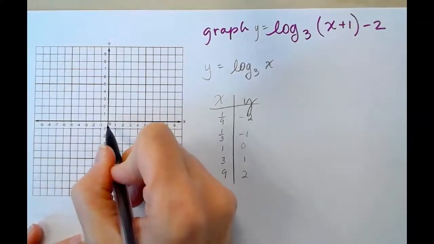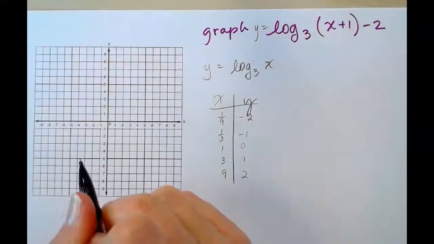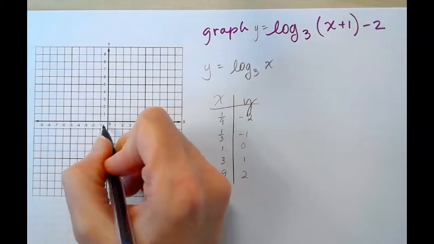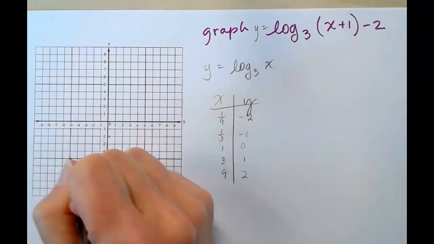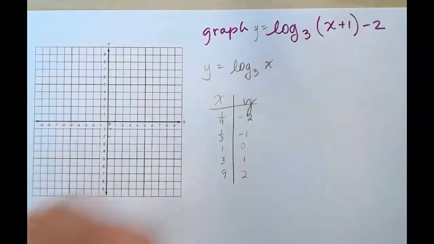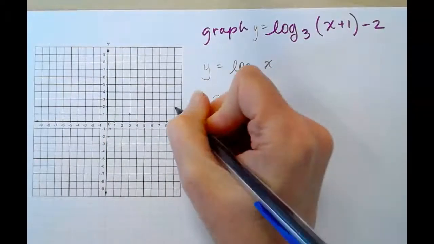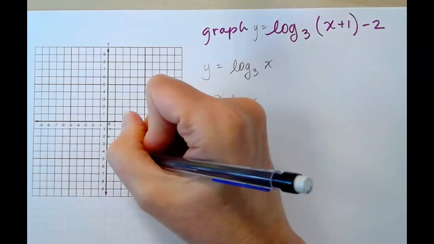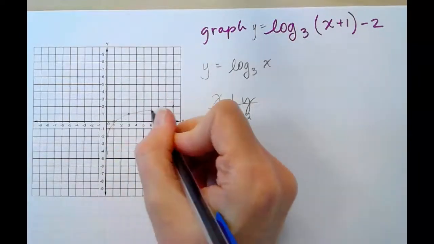This gives us our parent function. All right, so let's plot the parent function. Over 1/9 down 2, over 1/3 down 1, 1, 0, 3, 1, and 9, 2. So this is our parent function.